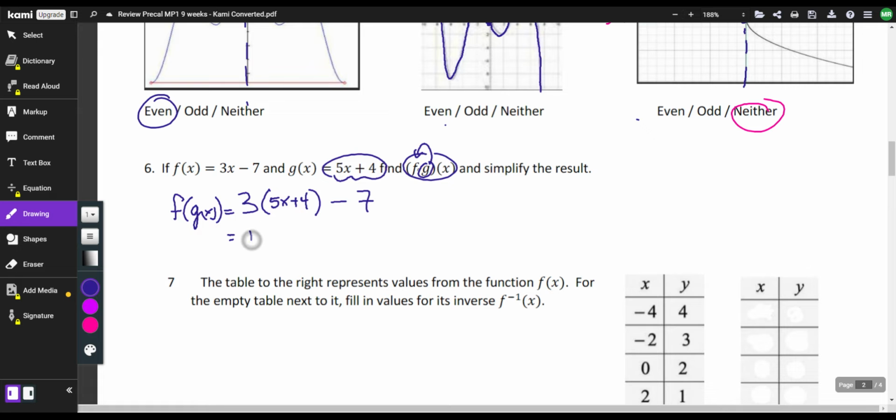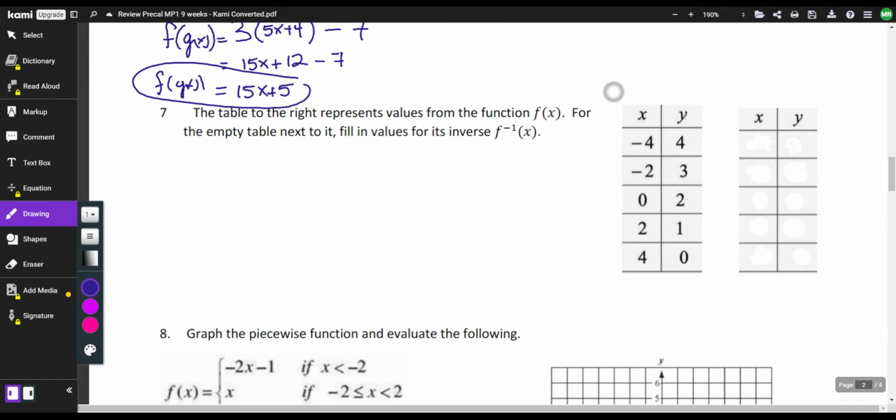We distribute, and we get 15x plus 12. So this times this, then this times this, minus 7. We simplify. 12 minus 7. What did y'all get? 5. And that's what the answer is. Okay, that one's really simple.